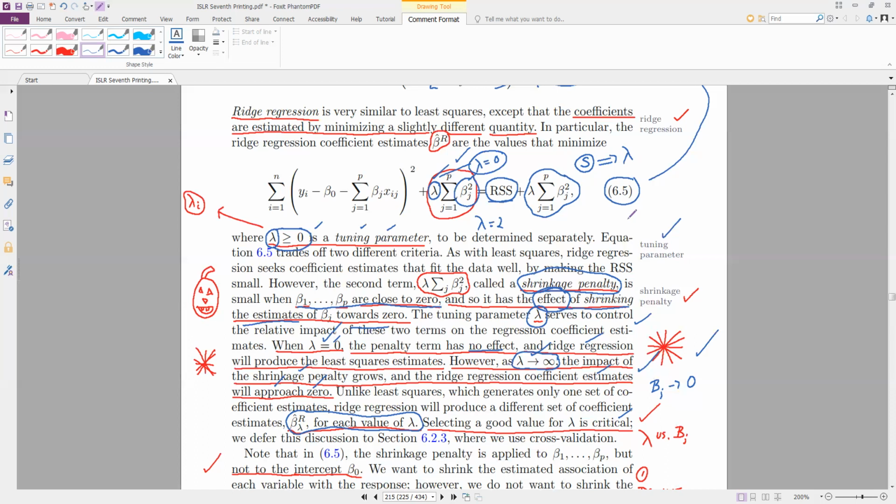Okay, and that value S is going to have a direct implication for what lambda is. But I just want to point out again that the shrinkage penalty, when we say it has the effect of shrinking the estimates towards 0, well, we're going to adjust the S value, which has an implication for what the lambda value is, but you're also going to get coefficients from your regression.